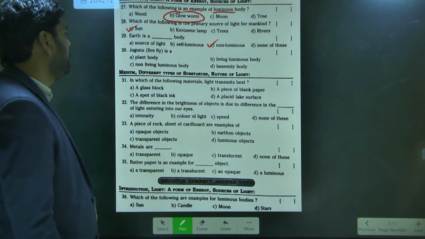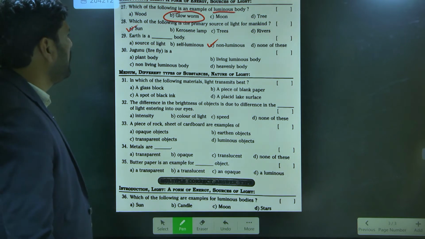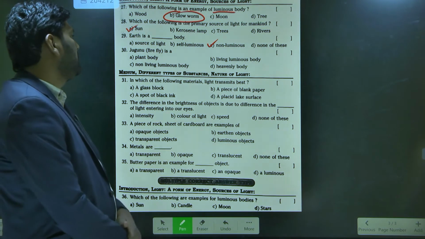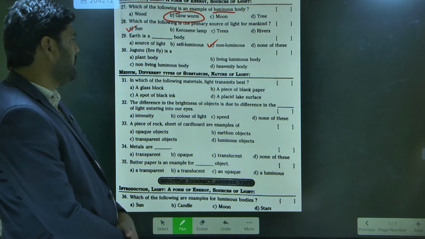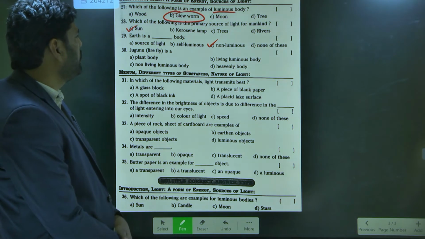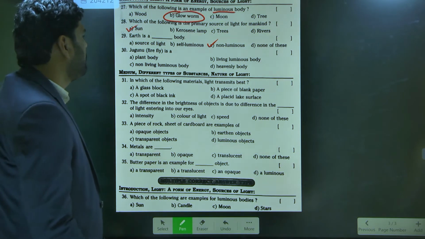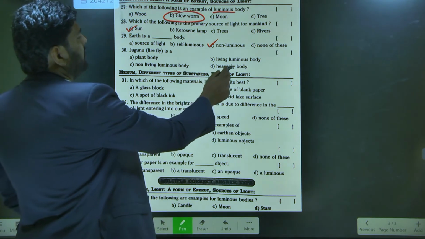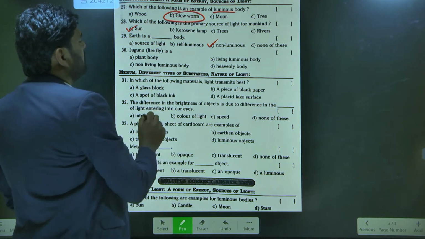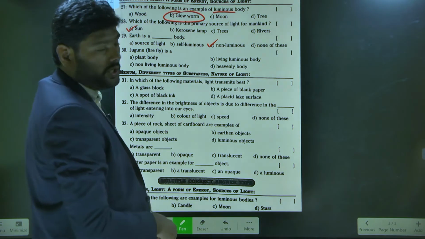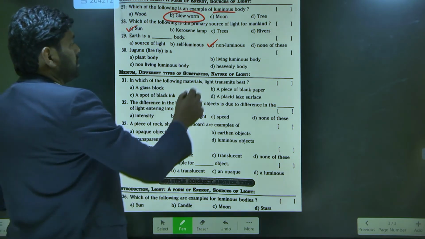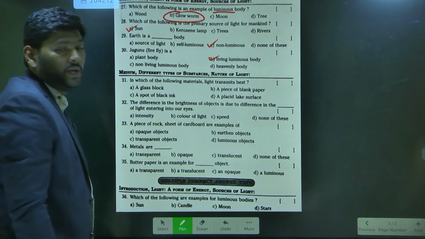Jugnu, the firefly. Glowworm and firefly are what kind of bodies? Living luminous body, non-living luminous body, heavenly body, planetary body. The answer is living luminous body.